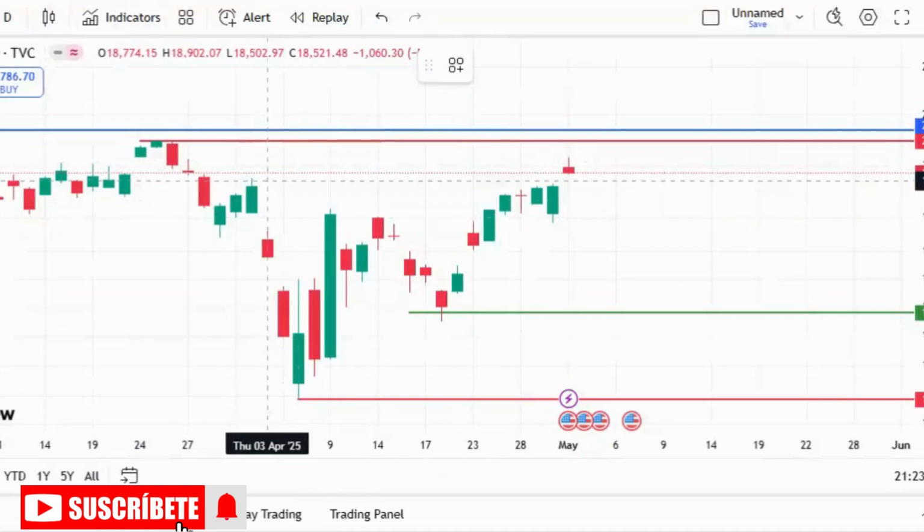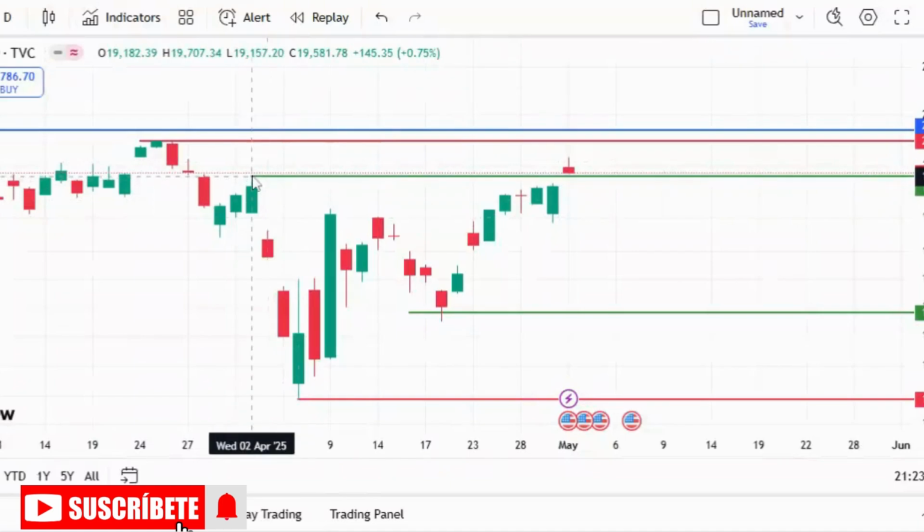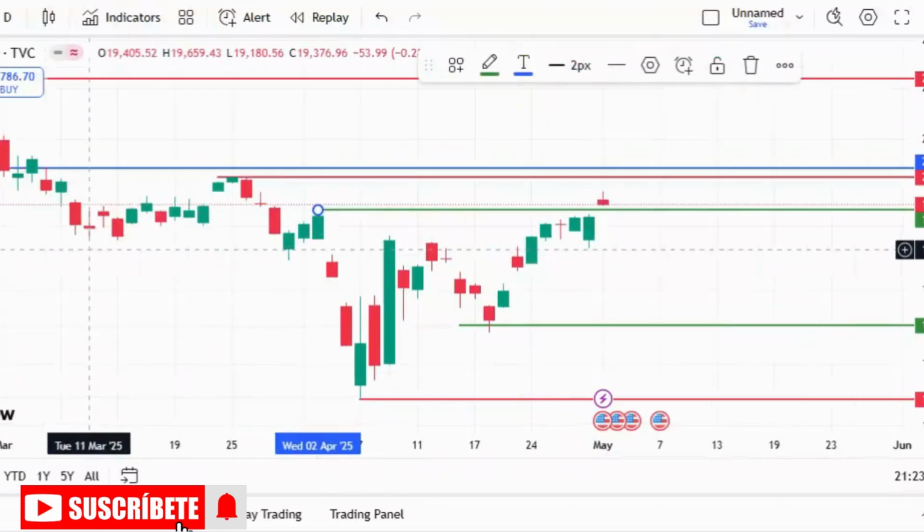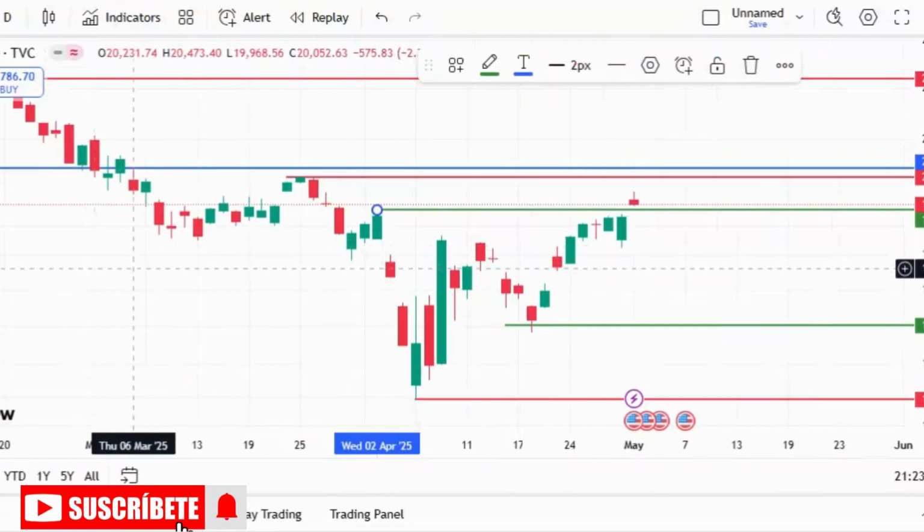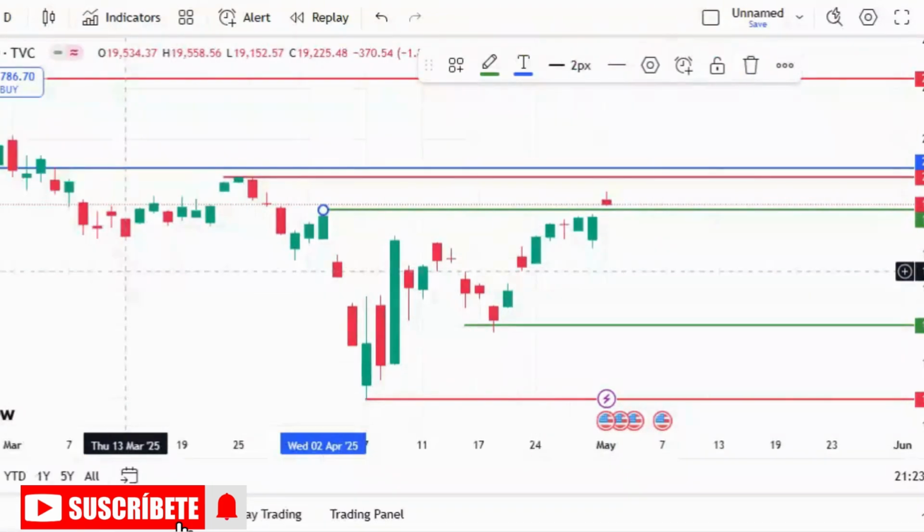I can know that price is approaching our weekly or daily level, our monthly level, or our 4 hour level, so that I can understand how to trade in a very good way.